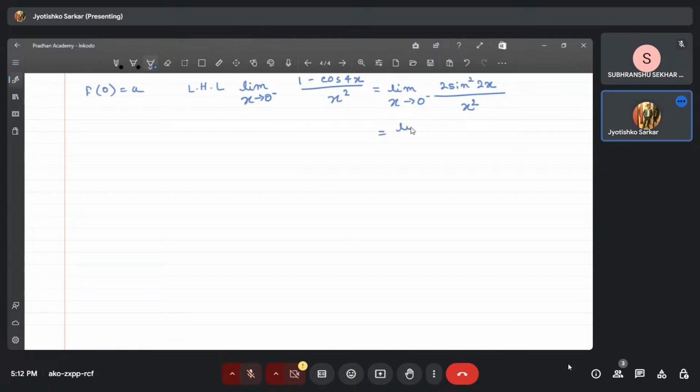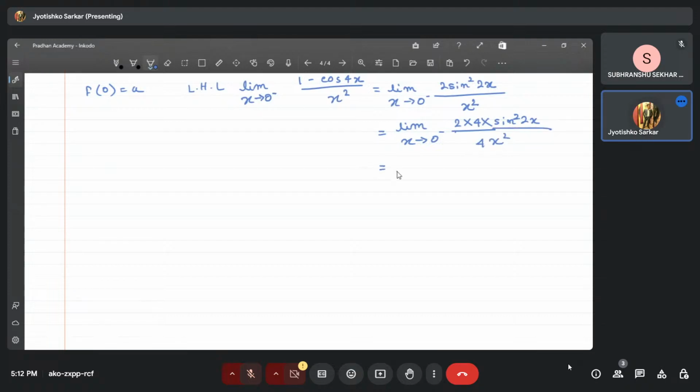Let's take it as 8 into sine square 2x divided by 4x square.